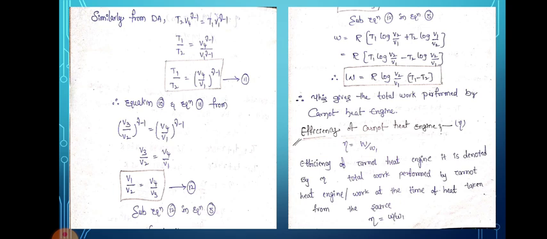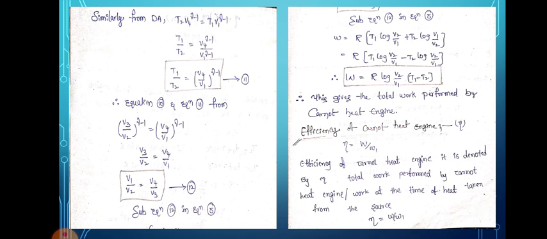So very important one. The definition of the efficiency of the Carnot heat engine, denoted by eta, is the total work performed by the Carnot heat engine divided by the work done at the time of heat taken from the source.